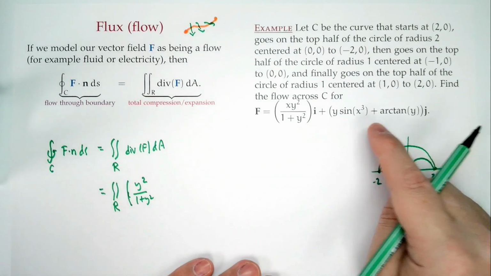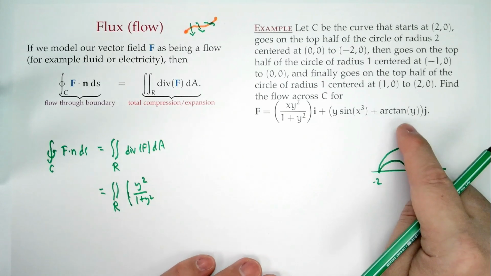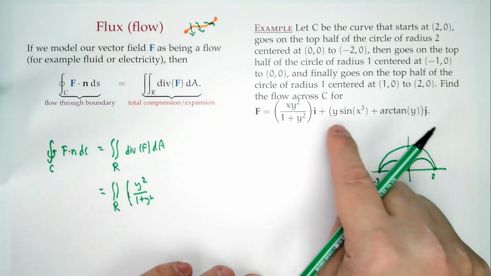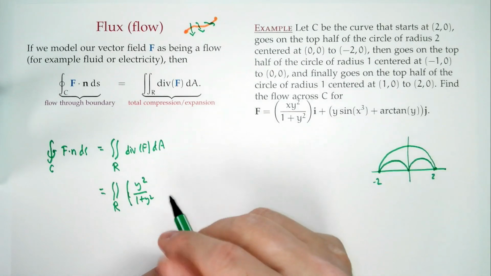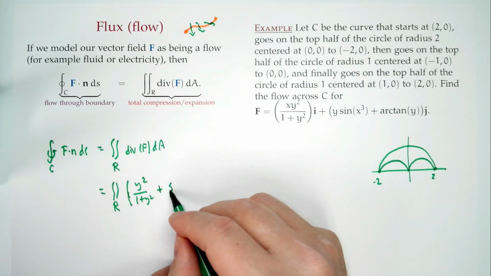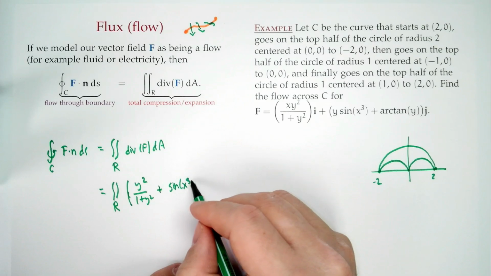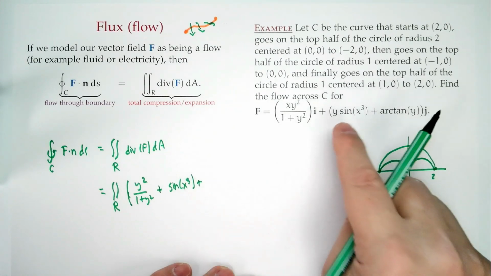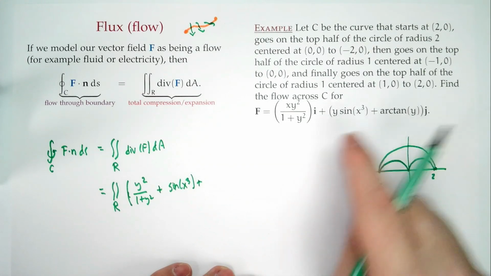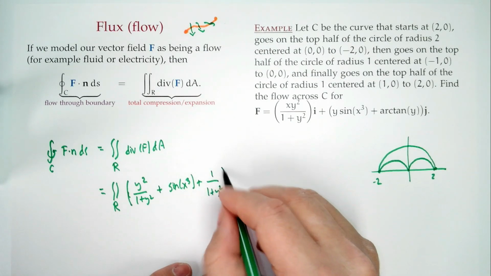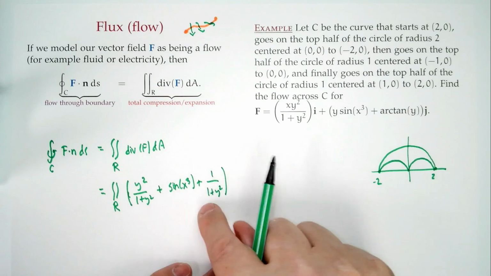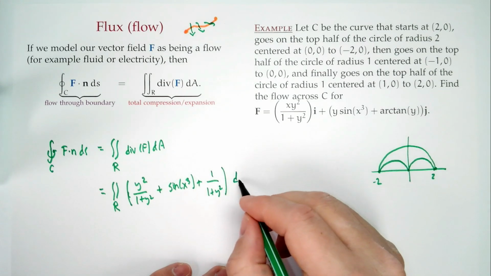Now you go to your second term, and you take the derivative of that with respect to y. So plus sine of x cubed, because that's the derivative of this with respect to y, plus 1 over 1 plus y squared. All right, that's the divergence, dA.